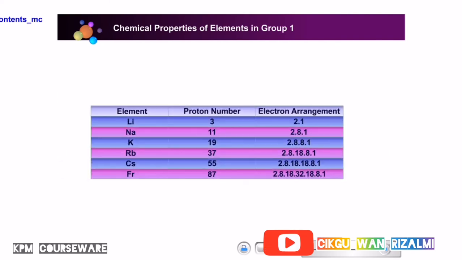The relation between reactivity of group 1 elements and electron arrangement is that reactivity increases from lithium to francium because as we go down the group, the elements become more inclined to react and release their valence electrons. Click on the blinking button to proceed.